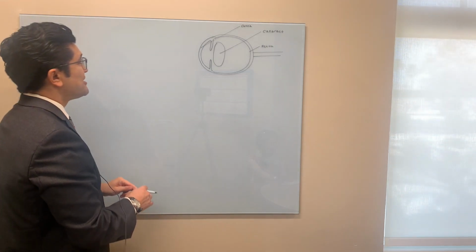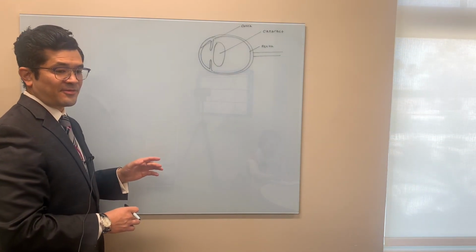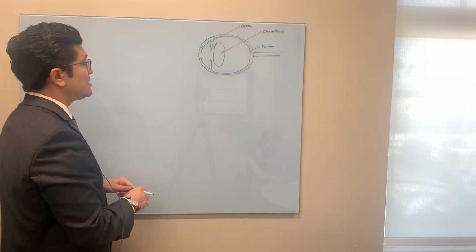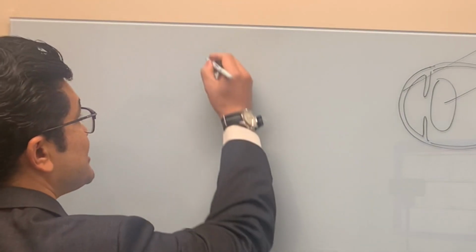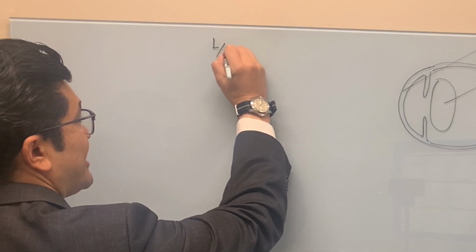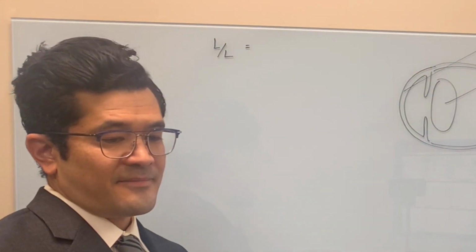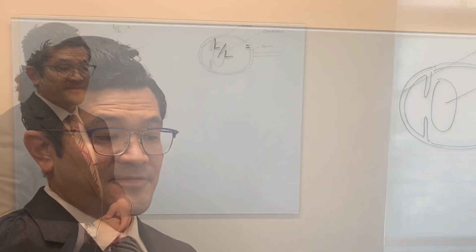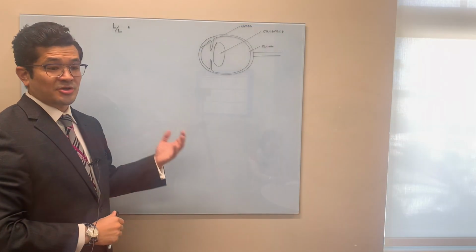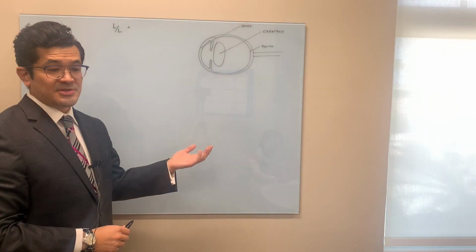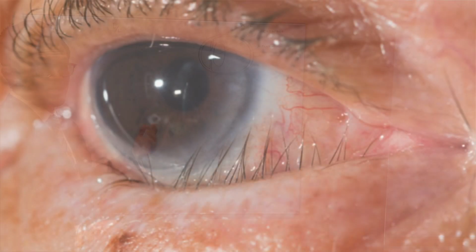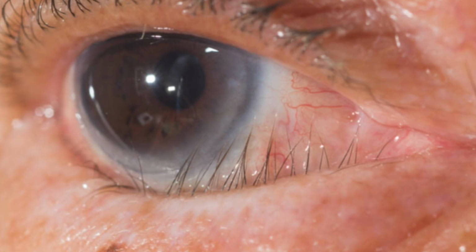Okay. So first off, if you remember from our documentation lecture, we want to look at the eyelids and eyelashes. The reason being, if there is ectropion, where the eyelid's turned out, entropion, where it's turned in, or eyelash trichiasis, then that matters.